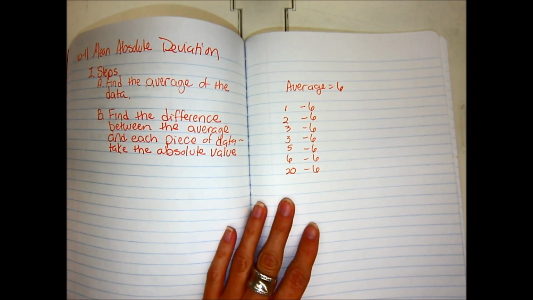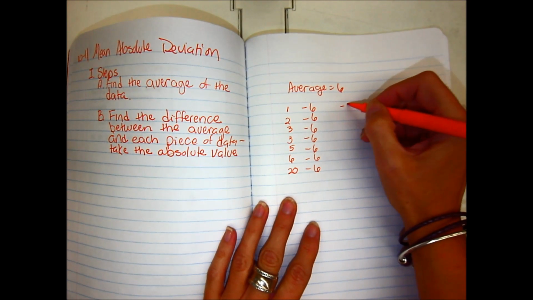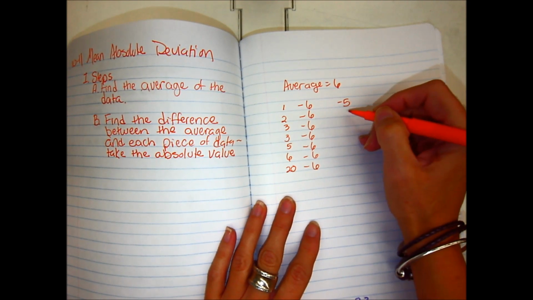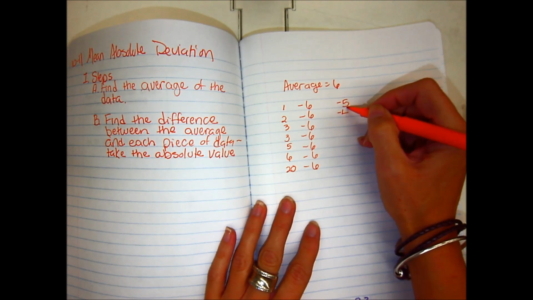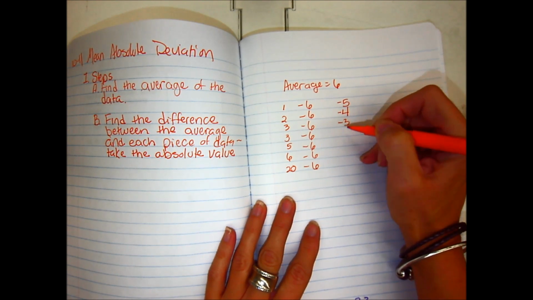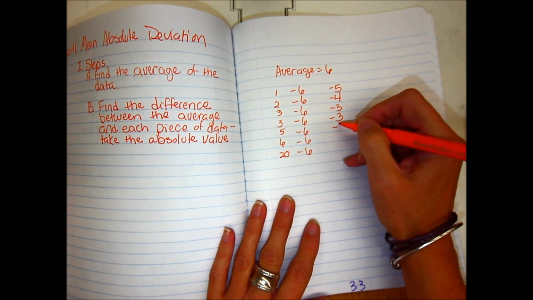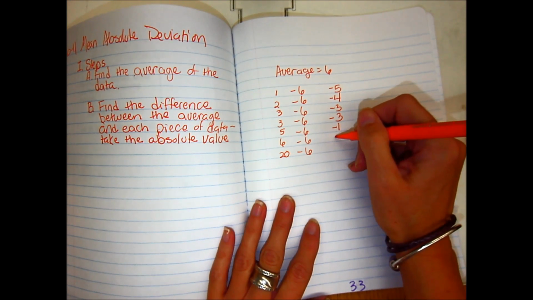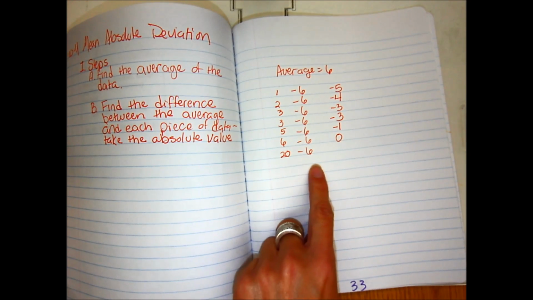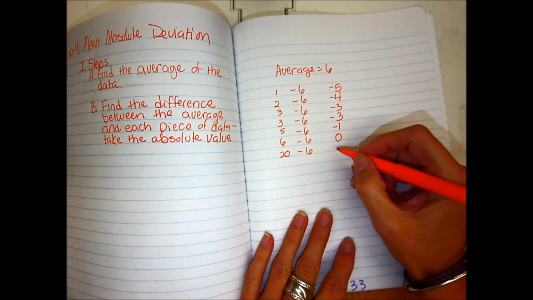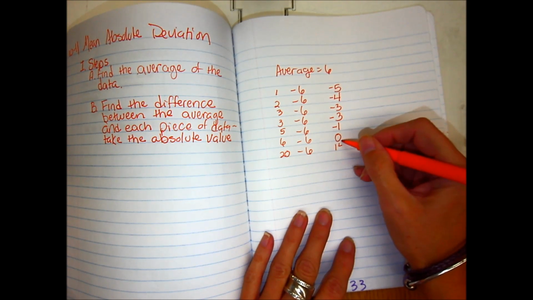Do it right on that same page. So 1 minus 6 is negative 5. 2 minus 6 is negative 4. 3 minus 6 is negative 3. I had another negative 3. 5 minus 6 is negative 1. 6 minus 6 is 0. And 20 minus 6 was a positive 14.